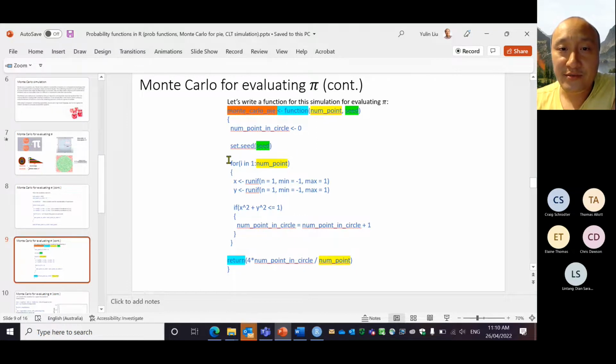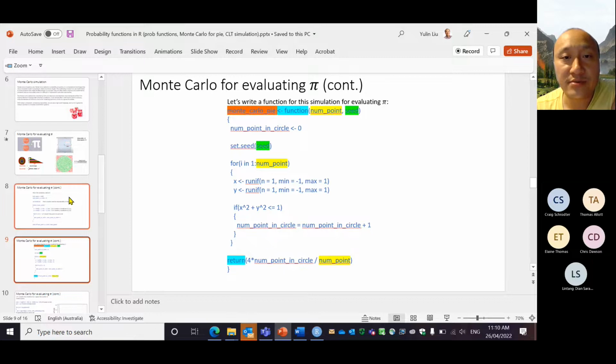For each round of looping, I'm going to create a random point between -1 and +1 using the runif function, the X coordinate, Y coordinate, and then I'm going to calculate if the point is within the circle. If it is, the number of points in circle will increase by 1. And then I will return the pi valuation of this simulation.